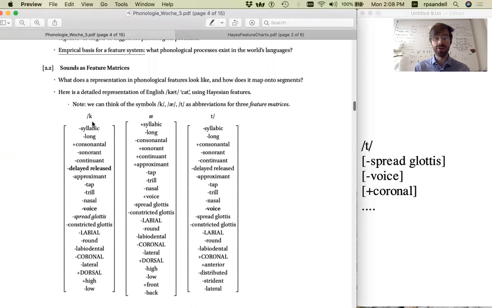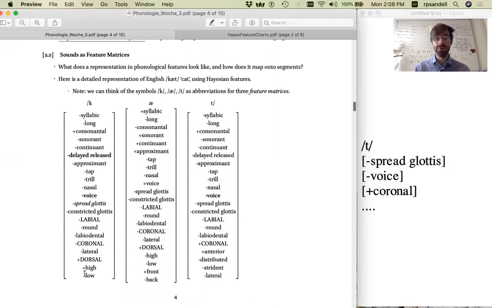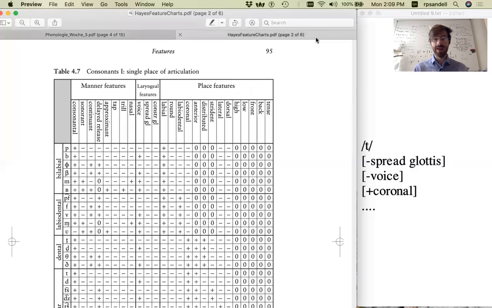Here we can explicitly contrast this dorsal stop ka, which is plus high and minus low, specifying how the tongue body is positioned, whereas this coronal stop ta, because it is minus dorsal, will have no value for the features high and low. And that's essentially what this 0 in the Bayesian feature charts means: that sound can't be specified for a value for that feature.